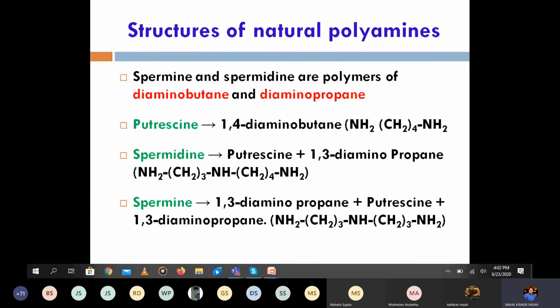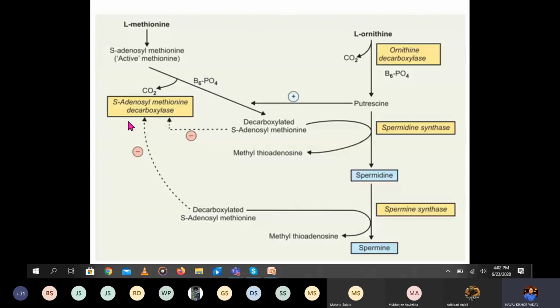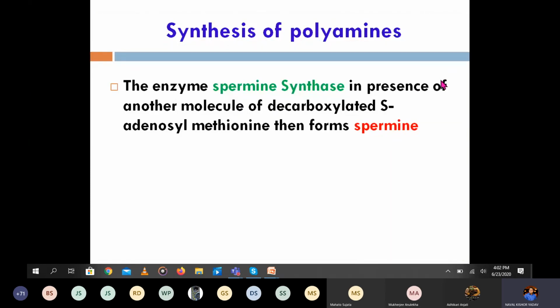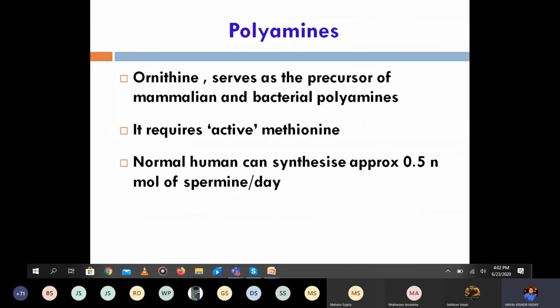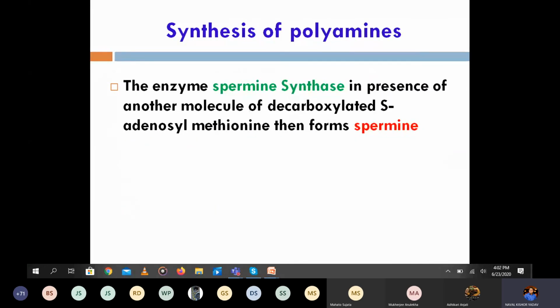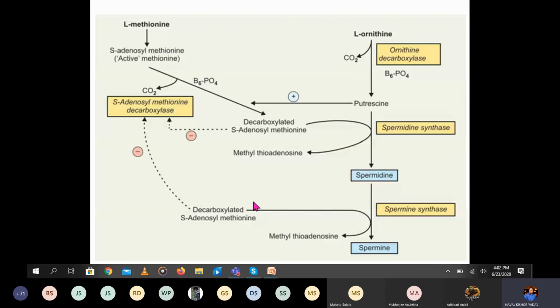The polyamine concentration is more in cancer cells because it is required for cell division and cell growth. That's why, with uncontrolled cell division and growth, the concentration of polyamines is higher in cancer patients. So if you check the urine sample of a cancer patient, you will get more polyamines.